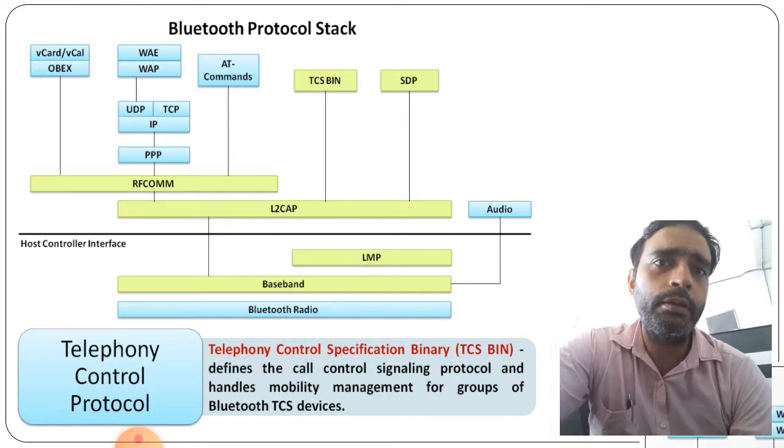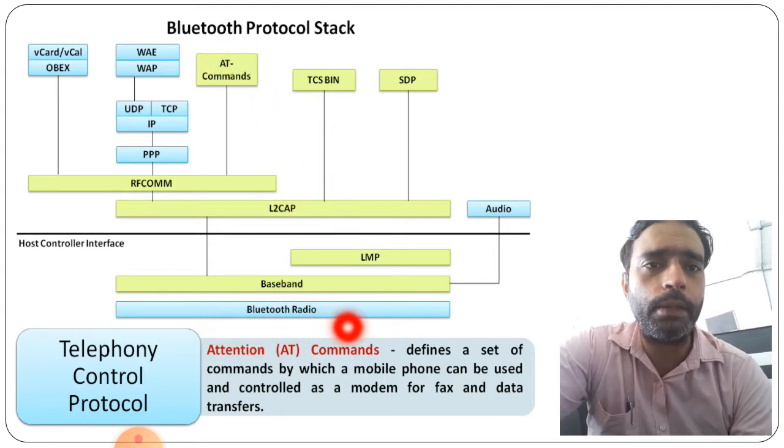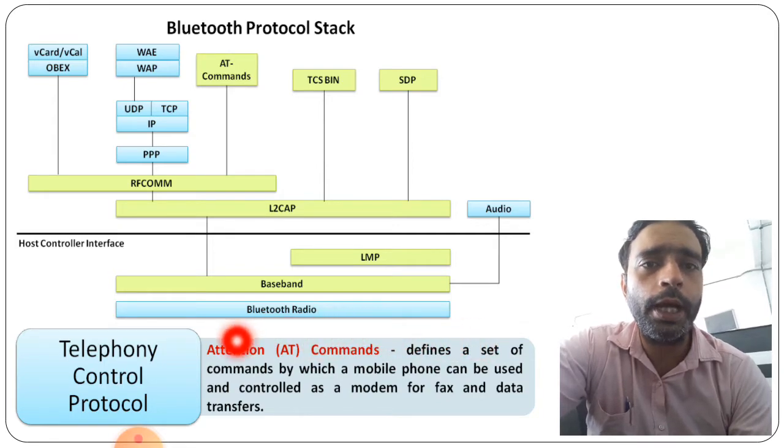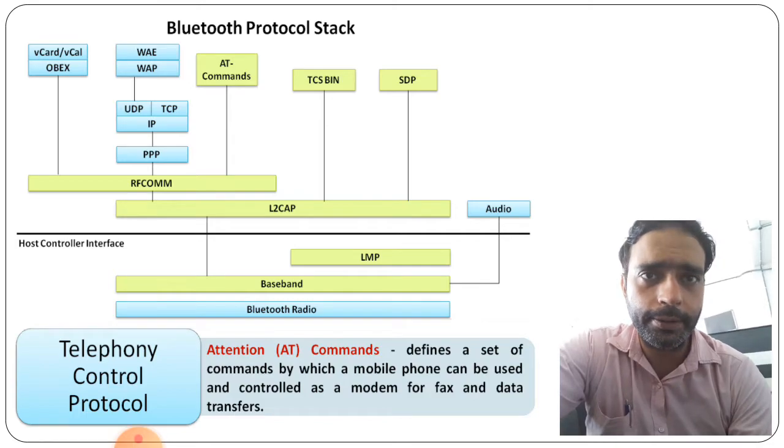Next are AT commands, attention commands, which define a set of commands by which the mobile phone can be used and controlled as a modem for fax and data transfers.